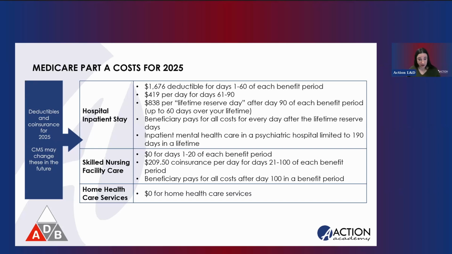You pay nothing for the first 20 days, but then from day 21 to 100, you're paying $209.50 for each day. Beneficiaries pay all costs after day 100. So God forbid you're still in the skilled nursing facility. After that point, you're responsible for the time that you're there. And then you pay nothing for home health care services under Part A.